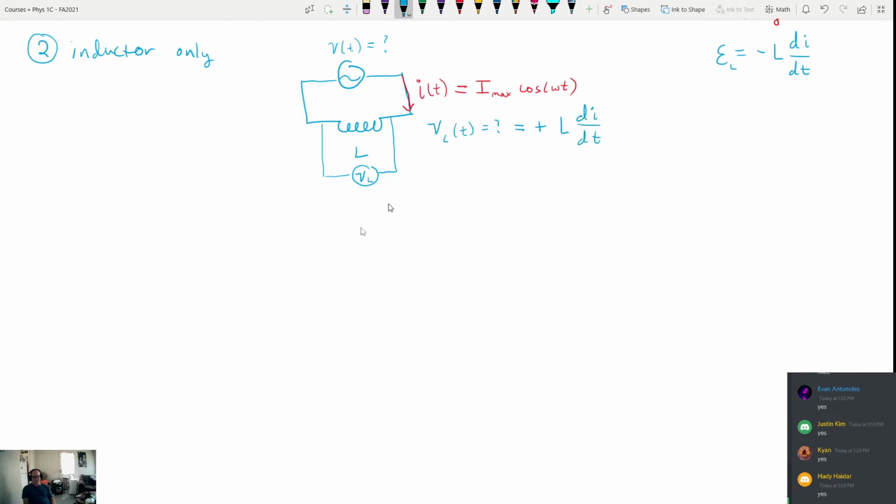Because after all, what the inductor does is when you have changes in current, it's going to have a resistance to that change in current, and we have a current that's changing here. So the voltage across our inductor is going to be equal to whatever the inductance is times the derivative of this.